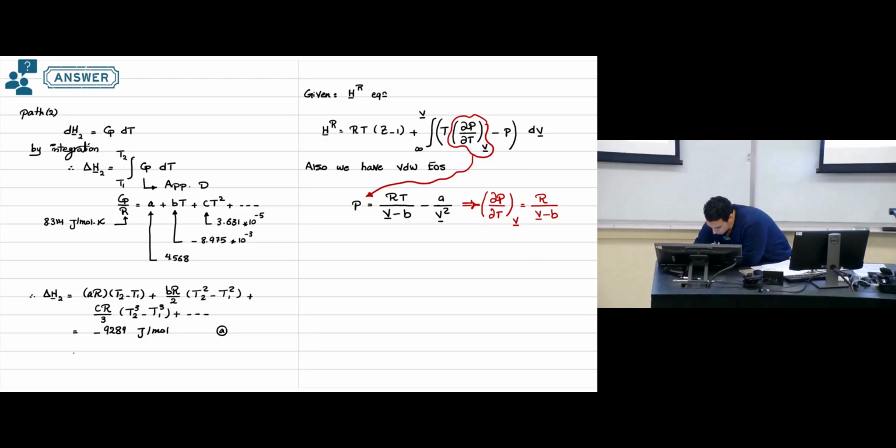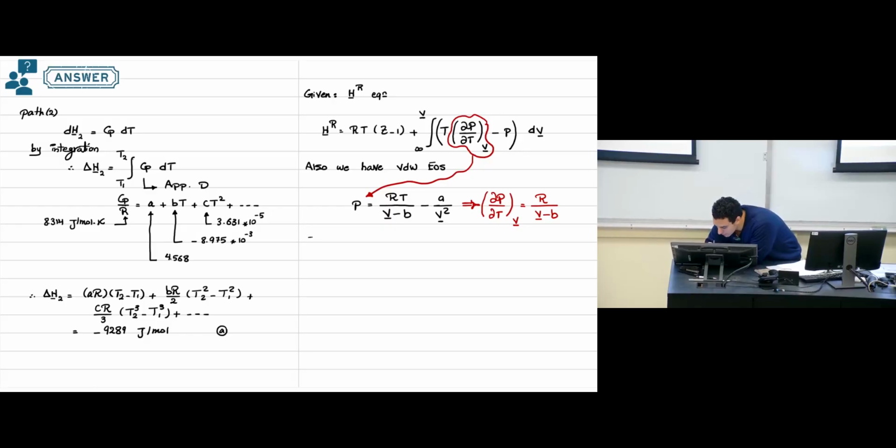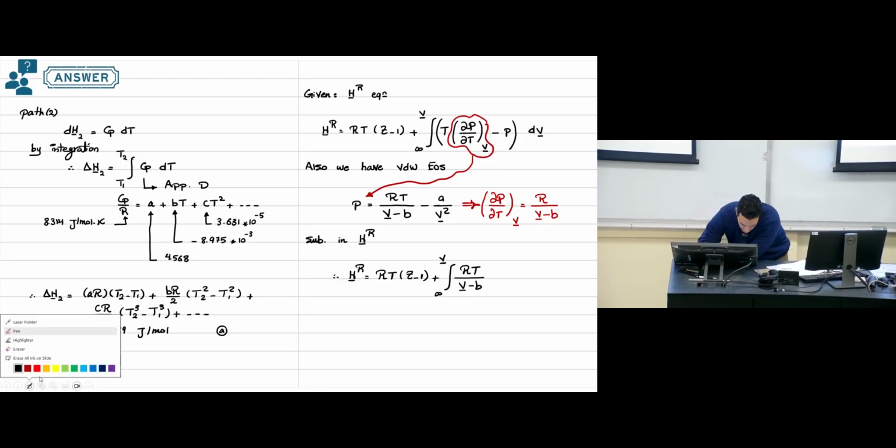So substitute in the HR equation. Now substitute here in residual molar enthalpy. Then we will see that residual molar enthalpy will be RT (Z minus 1) plus integration from infinity to molar volume of RT over V minus B, and this comes from here.